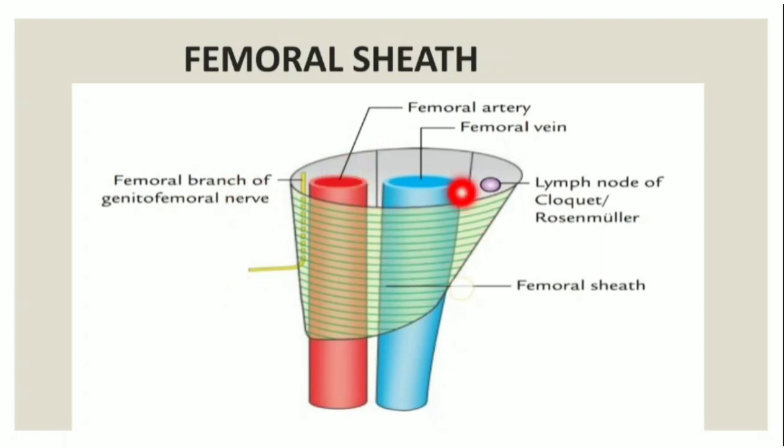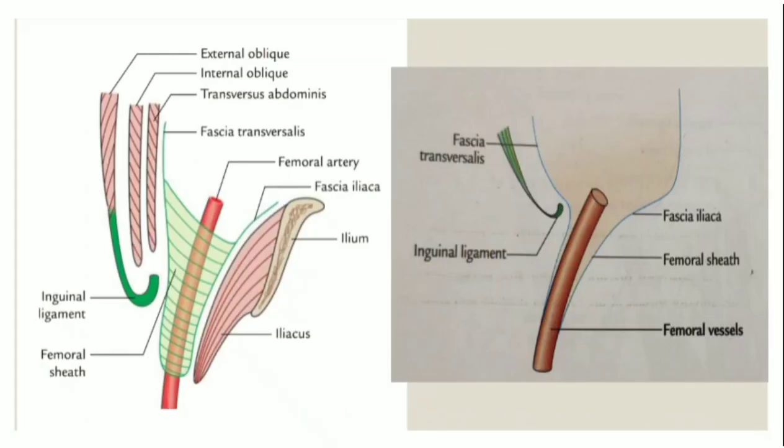How is this femoral sheath formed? You have to know. Beneath the skin and superficial fascia of the abdomen, you will have a fascia. On the anterior wall of the abdomen, you will have the fascia transversalis, and on the posterior wall, you will have the fascia iliaca.